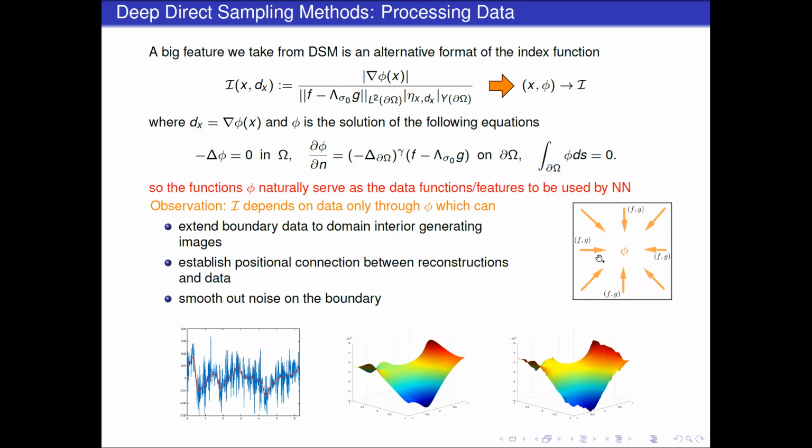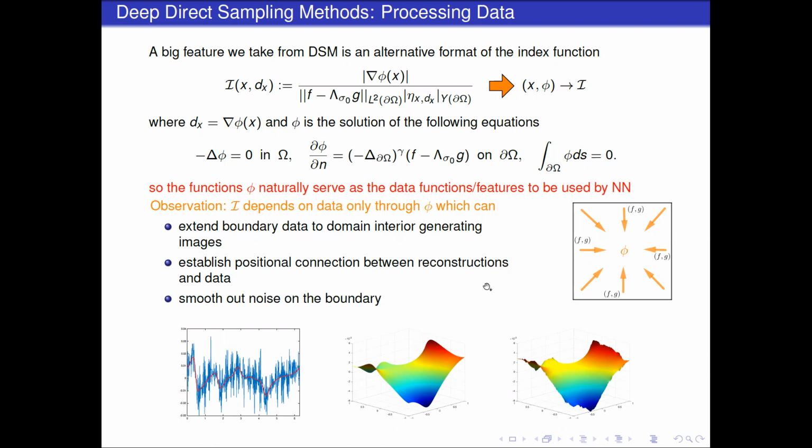But now we have data on the entire domain. By doing that, we can establish a very strong positional connection between the reconstruction and the input data. That's a very interesting technique because this is really close to the so-called positional encoding in deep learning.